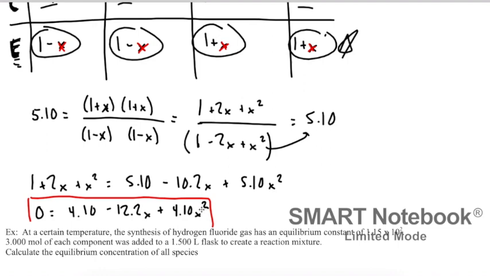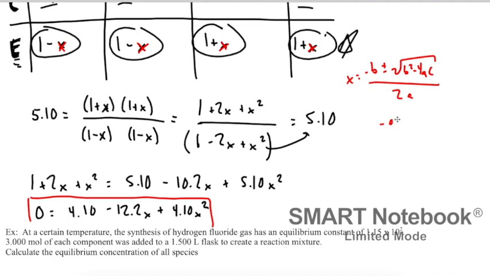So you have two strategies right now to solve this quadratic. This is a quadratic equation. I could rearrange it and use the quadratic formula. X equals negative b plus or minus the square root of b squared minus 4ac all over 2a.